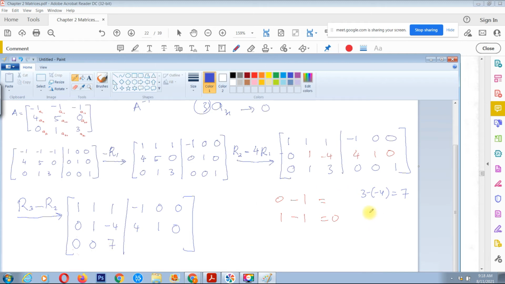Then 0 minus 4 gives negative 4. 0 minus 1 gives negative 1. 1 minus 0 gives 1.